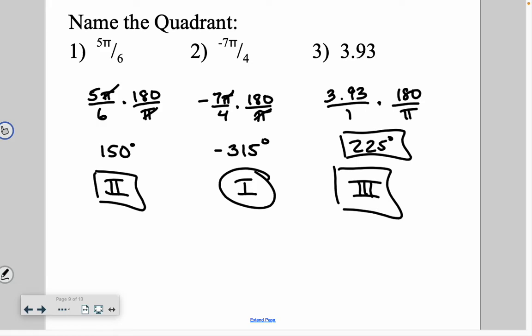It's a little bit bigger than 3.14. That's what I was getting at: halfway around the circle is pi radians, which is 3.14. It's a little bit bigger than that, which puts you in quadrant number 3. Okay, so just again, another way to get used to this kind of stuff.